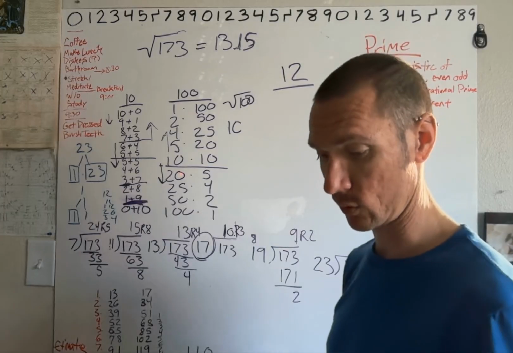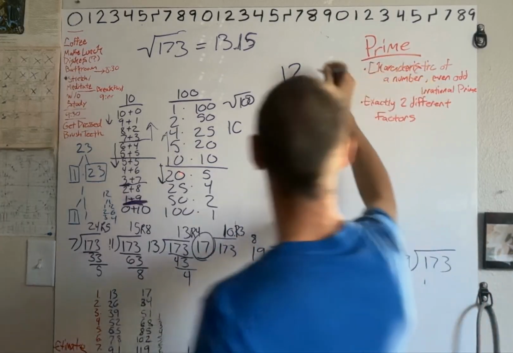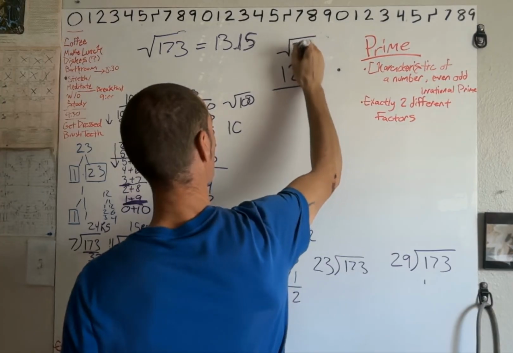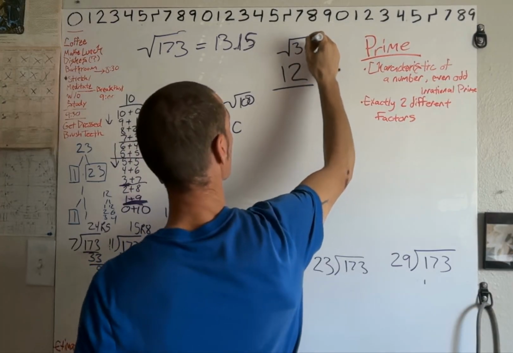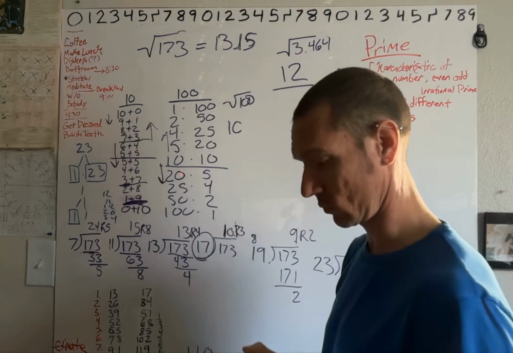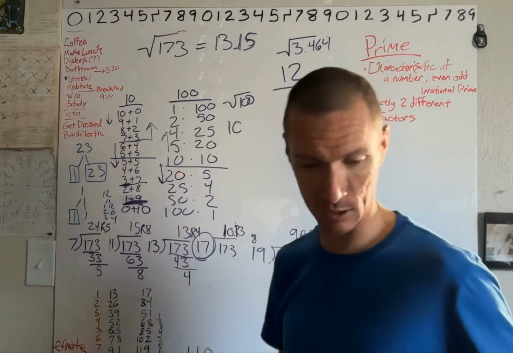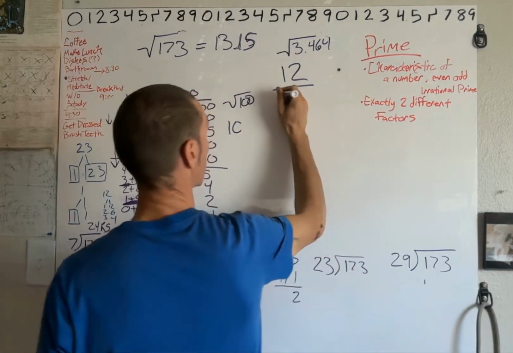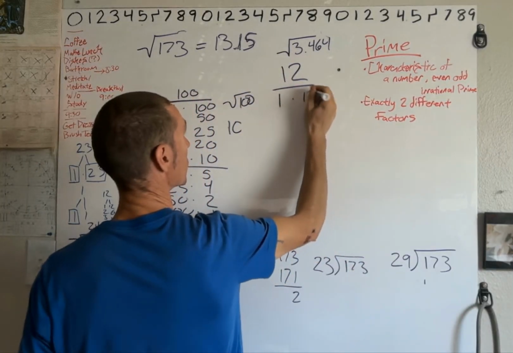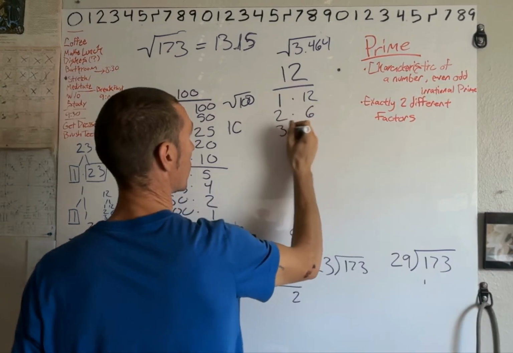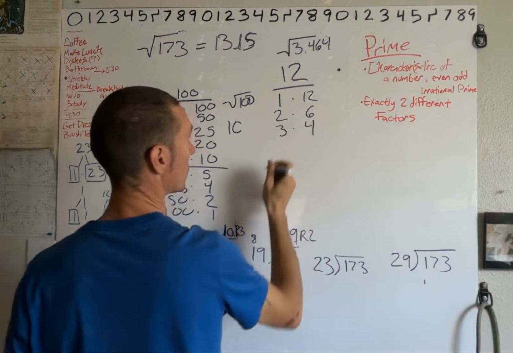So the square root of 12 is 3.464. So when we're testing the factors of 12: 1 times 12, 2 times 6, 3 times 4.